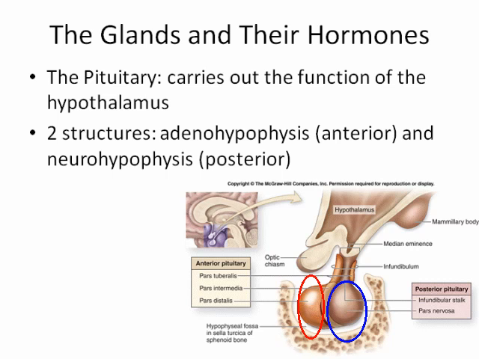In fact, embryologically speaking, the posterior pituitary descends down from the hypothalamus, whereas the anterior pituitary originates from the pharynx within the developing embryo. So these are truly two different structures, and I want to make sure that you keep that in mind as we go forward.